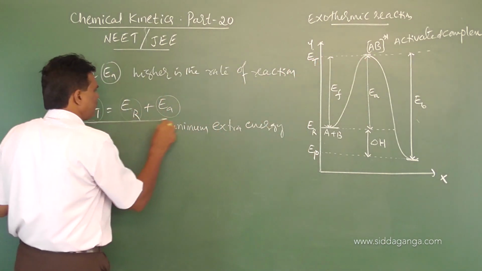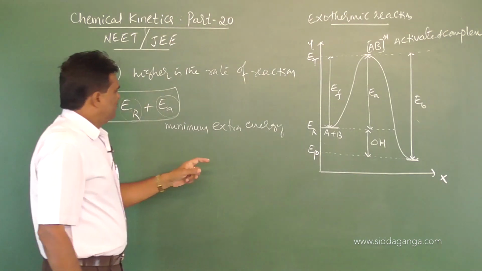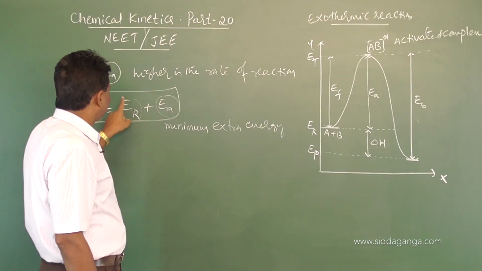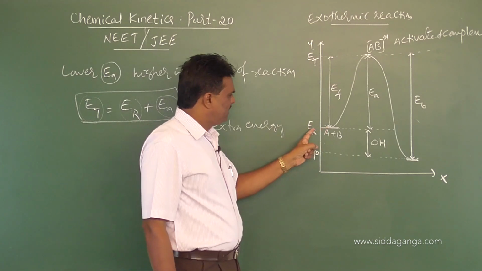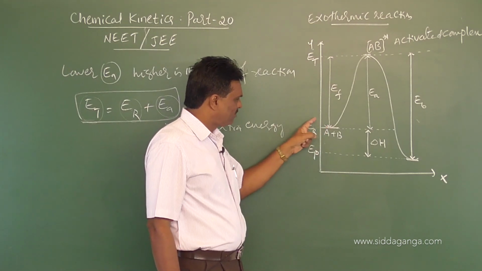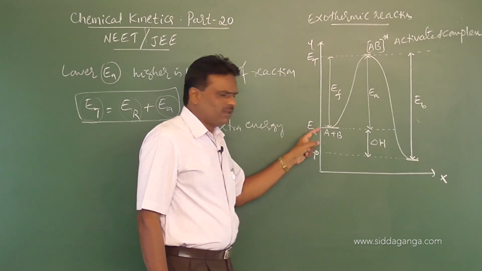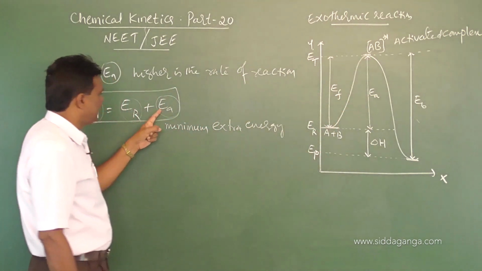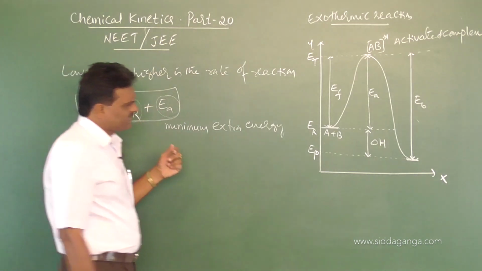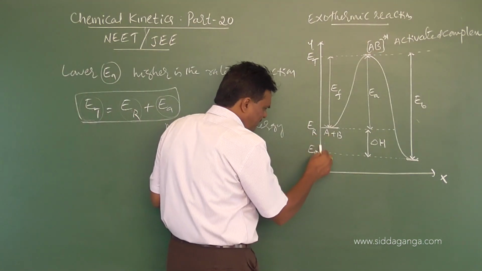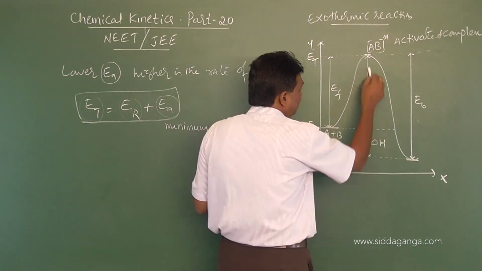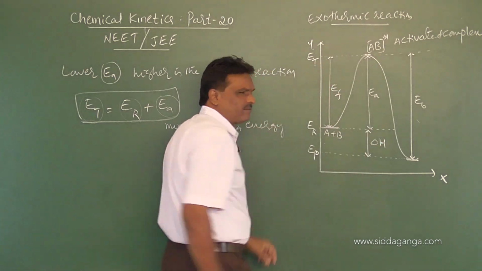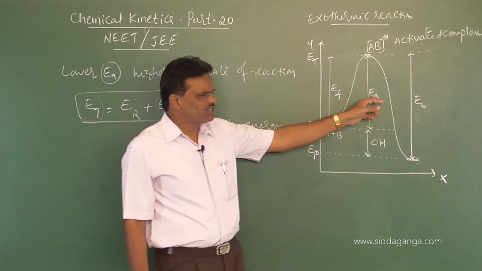ER is the average energy of the reactant molecules. This is the extra energy supplied to the reactant molecules, that is EA. So this height represents ER plus EA, and we get ET.